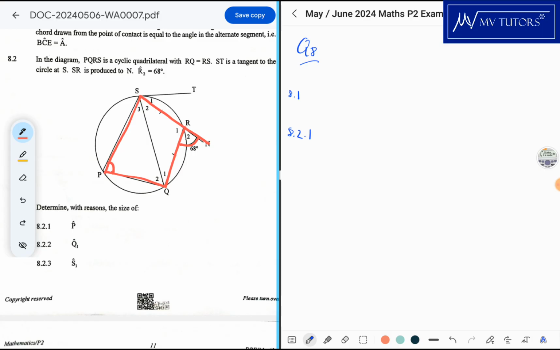And the external angle is equal to the interior opposite angle. So P will be equal to R2, which is basically then equal to 68 degrees. And why is that? Basically the external angle of a cyclic quad.